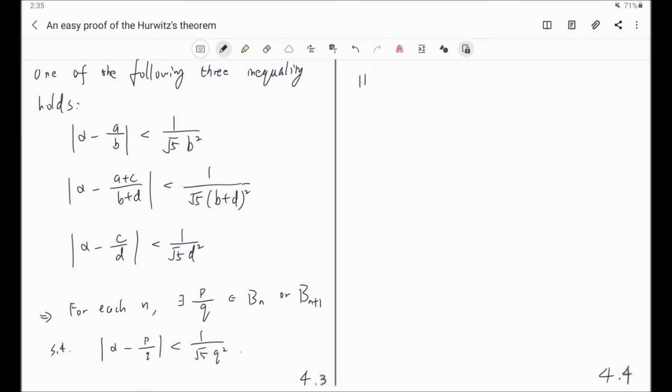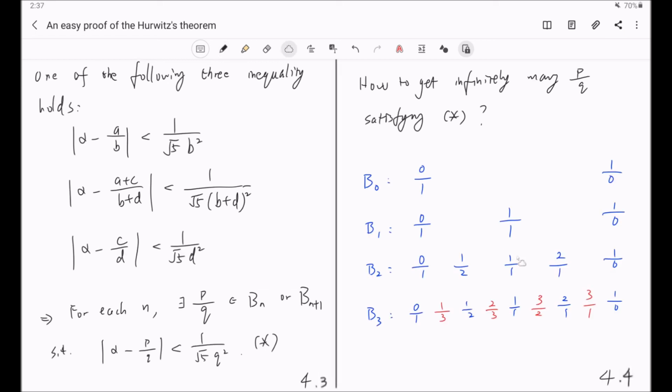So the question will be how to get infinitely many pairs p over q satisfying, let's call this star. This follows from the structure of the Broca series.